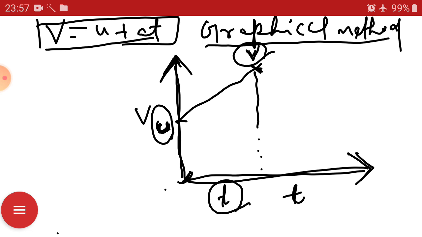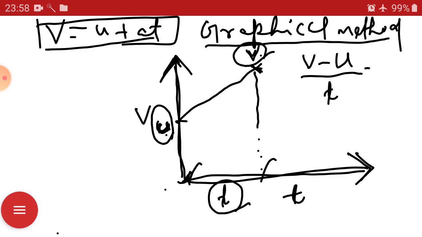Okay, so to derive the first equation, we will consider the definition of acceleration. What is the definition of acceleration? The rate of change of velocity is the acceleration. So here, what is the change of velocity? The velocity changes from u to v. So the change of velocity is v minus u, and this change occurred in the time duration t.